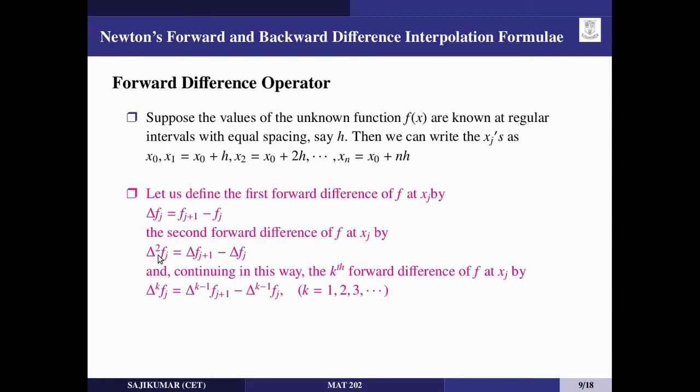Then that will give the second difference at fj. And continuing in this way, the kth forward difference of f at xj is defined by delta raised to k of fj is equal to delta raised to k minus 1 of fj plus 1 minus delta raised to k minus 1 of fj. That is, the kth forward difference of fj is the first difference of two k minus 1 order differences. And this is true for k is equal to 1, 2, 3, etc.